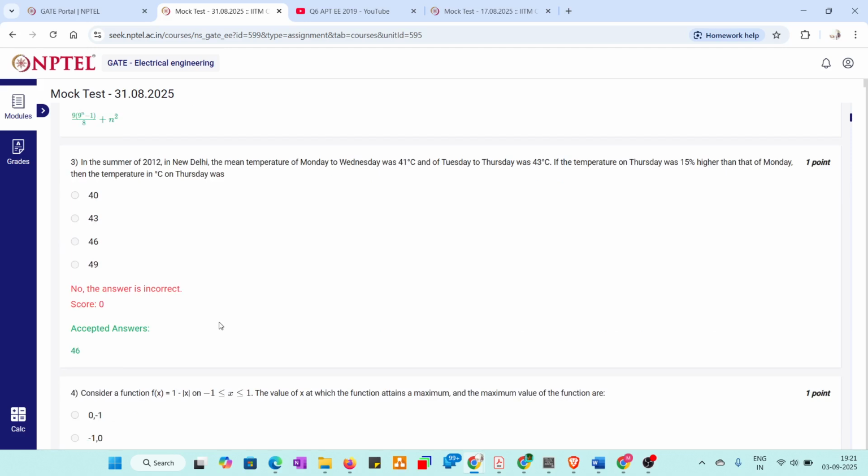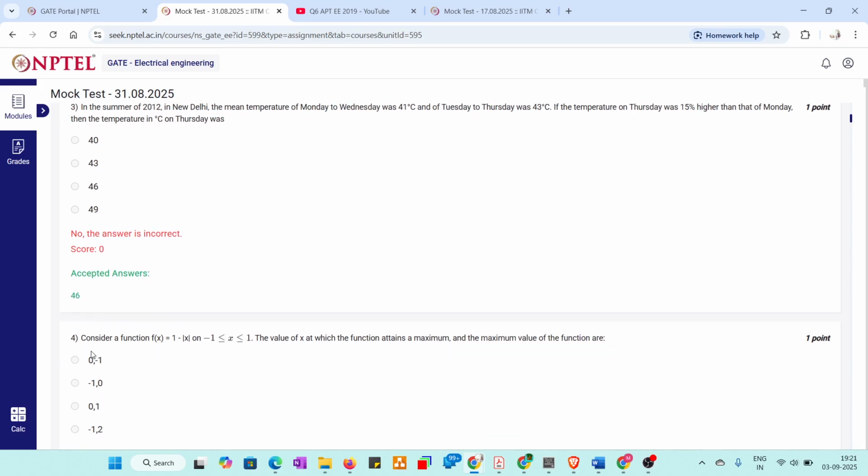And next, coming to the third question, in summer 2000 in New Delhi, the mean temperature of Monday to Wednesday was 41 degrees centigrade, and Tuesday to Thursday was 43 degrees centigrade. If the temperature on Thursday was 15% higher than that of Monday, then what is the temperature in degrees centigrade on Thursday? Okay, so the answer is 46 degrees.